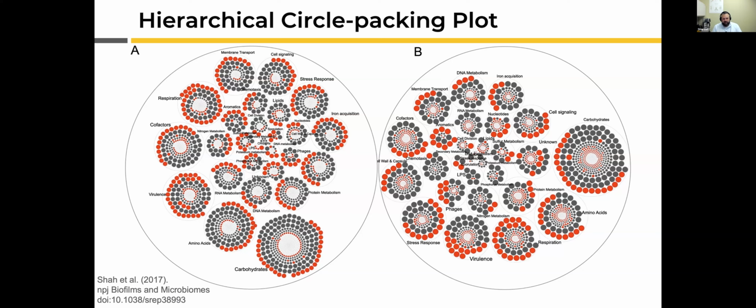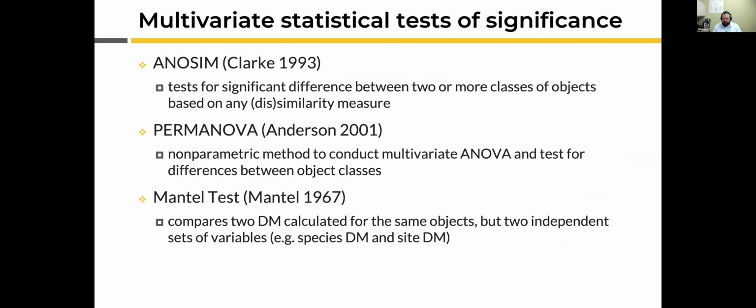Within each of those circles, they represent genes that deal with those things. And those genes that are colored red are more significant. In this case, this is back to smoking. So we exposed biofilms to tobacco smoke and then measured gene expression. It's just something else you can do, a visual method for interpreting the results of differential abundance analysis.